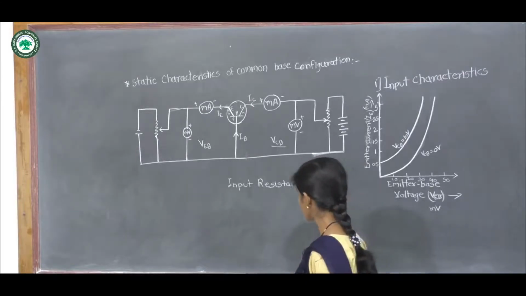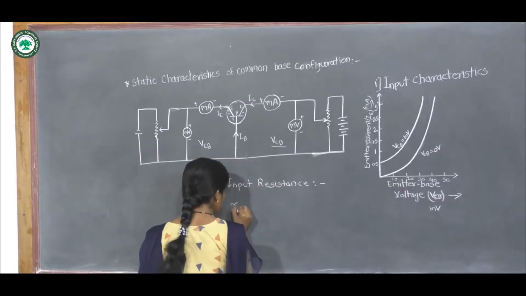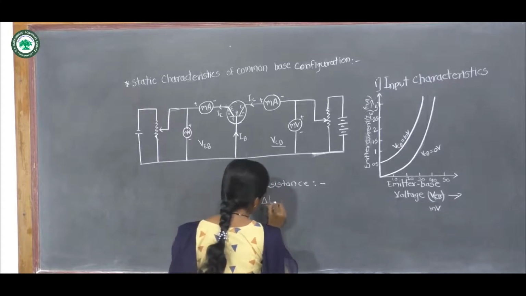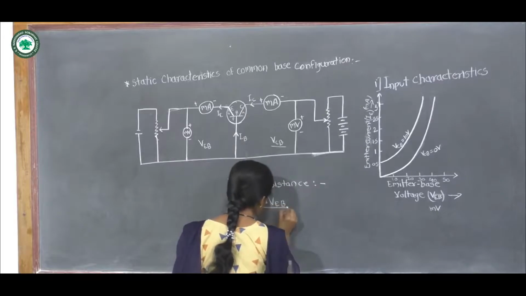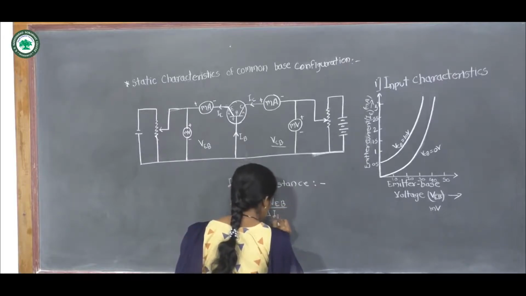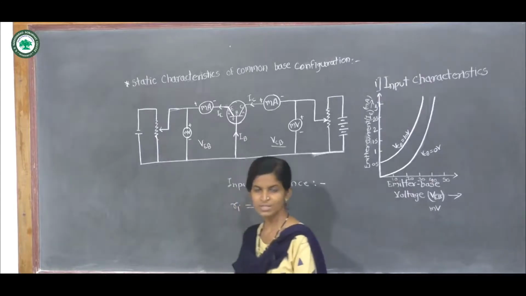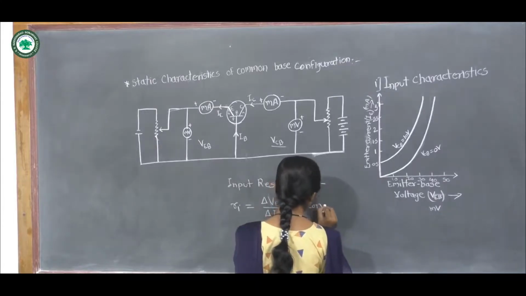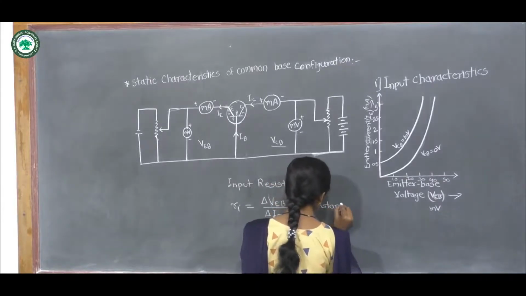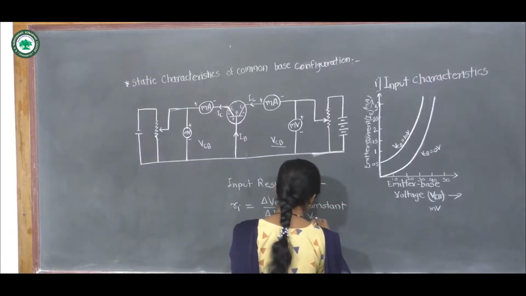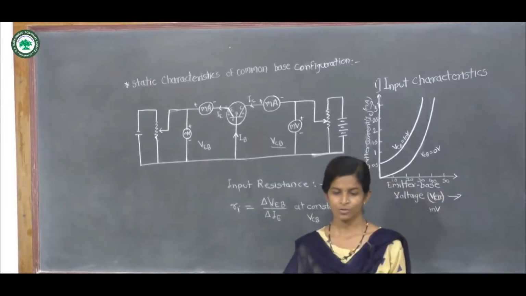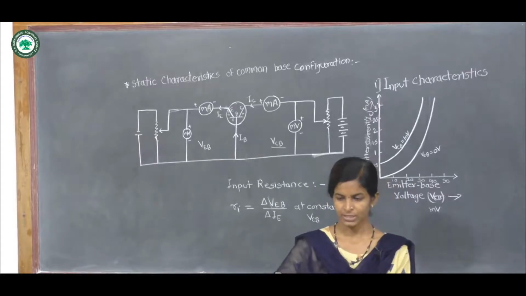So this input resistance Ri is given by delta VEB by delta IE at constant VCB. This is the input resistance of the common base configuration, which is very small.